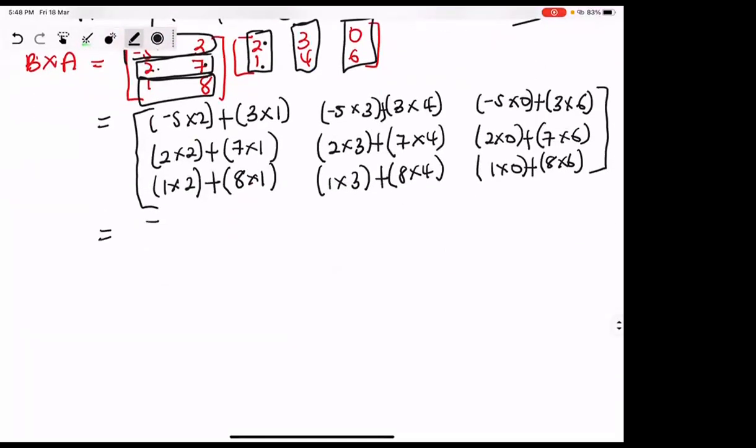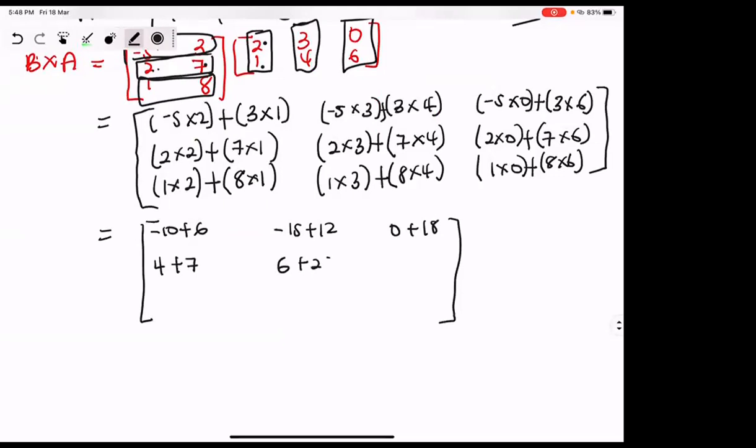Right, so if we simplify this, we have minus 10 plus 6, minus 15 plus 12, 0 plus 18, 4 plus 7, 6 plus 28. And then 0 plus 42, 2 plus 8, 3 plus 32, 0 plus 48.